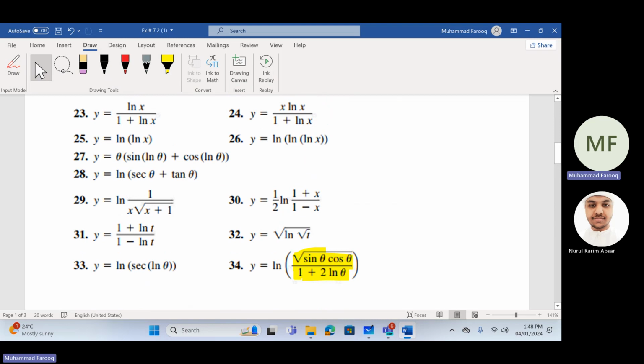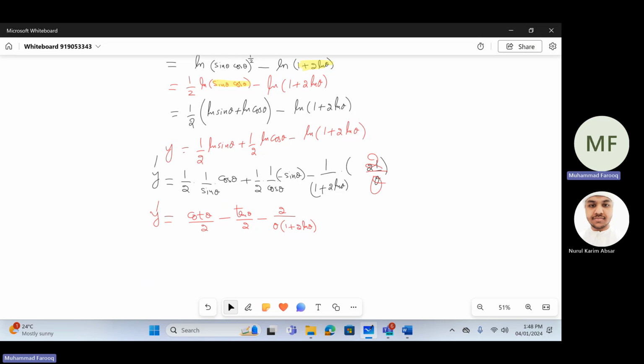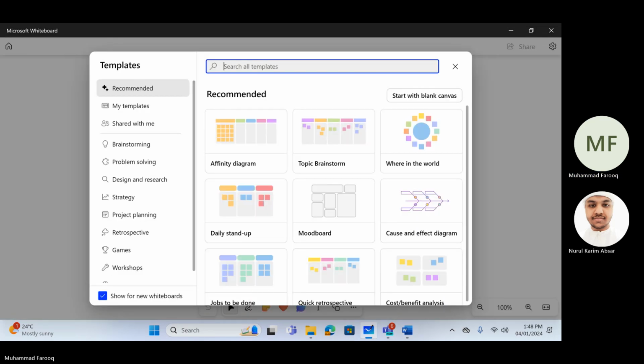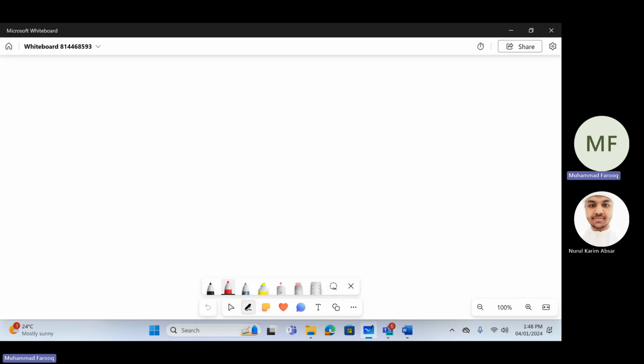So let's start this question 29: y is equal to ln of 1 over x times the square root of x plus 1.